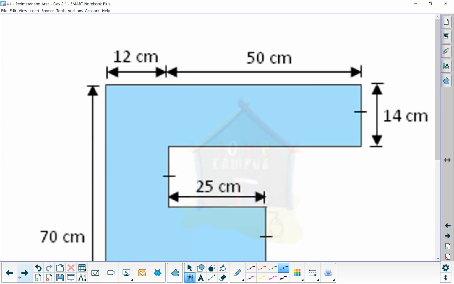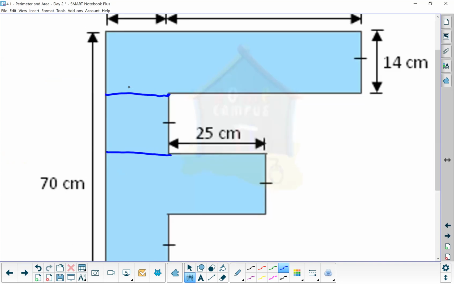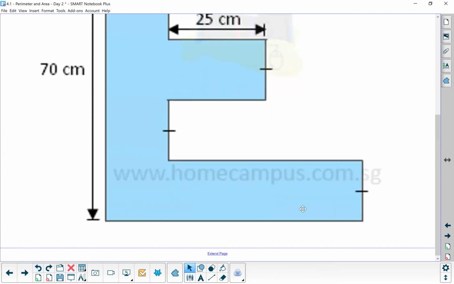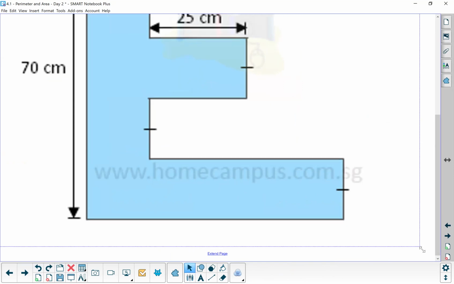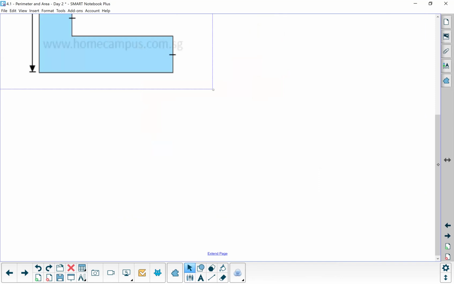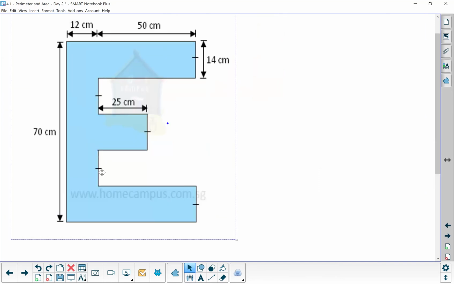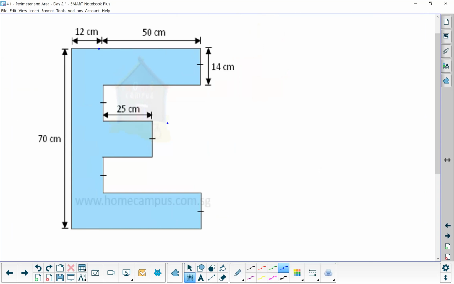Same for here. We're going to make these into rectangular pieces. I'm going to cut it smaller so that I can work with it a little bit. I think I want to just cut it this way.